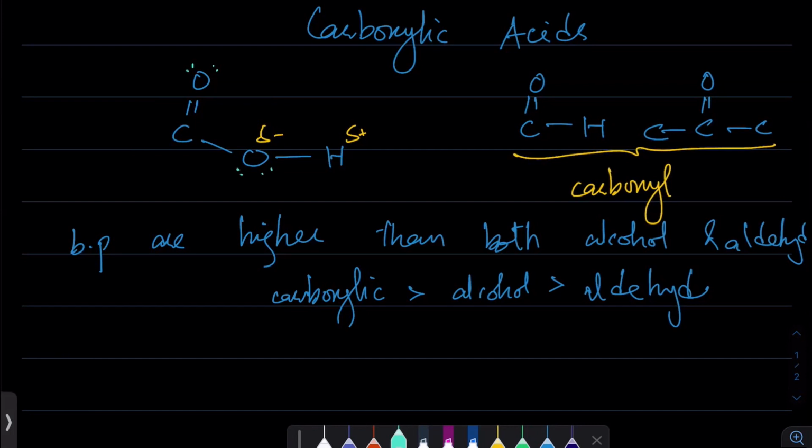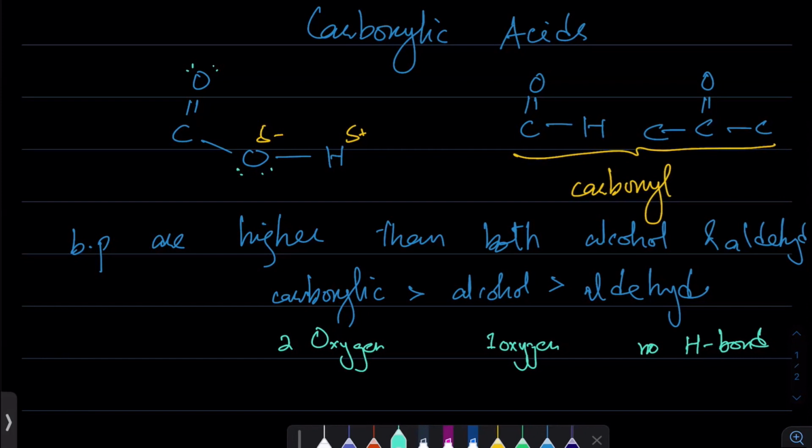So this one is higher because of two oxygen, and this one is one oxygen. And this one, even though it has two oxygen, has no H bond. So because of that, aldehydes have the lowest boiling points compared to these.